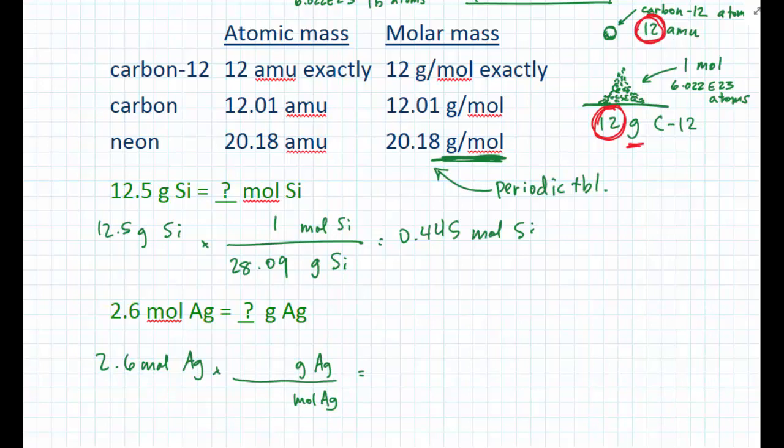What is silver's molar mass? 107.87. Grams or moles? That's how many grams there are per 1 mole. Okay? So what's the answer to this one?